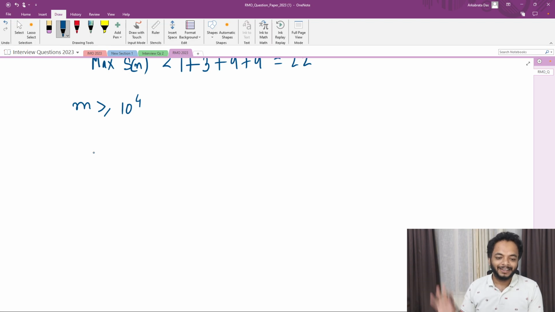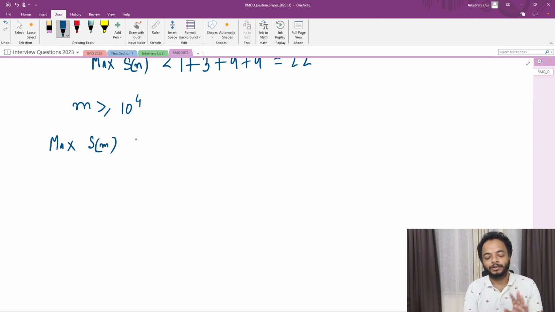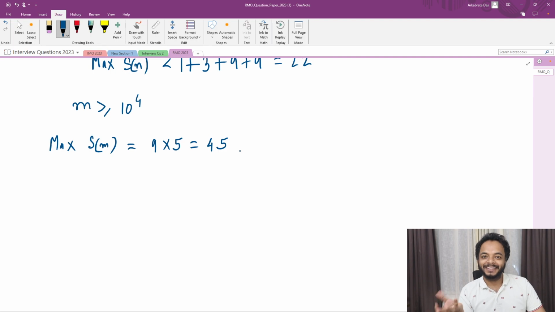Now what could be the max Sm? That could be 9 times 5, which is 45. Now you just square Sm to get n, right? So you just simply square 45. Where do you reach?